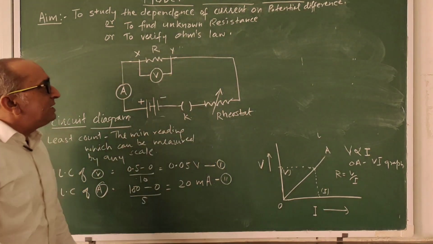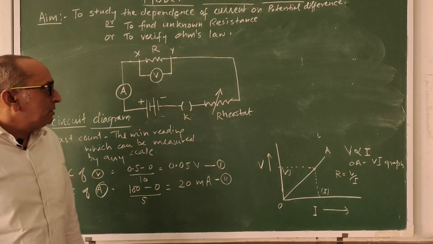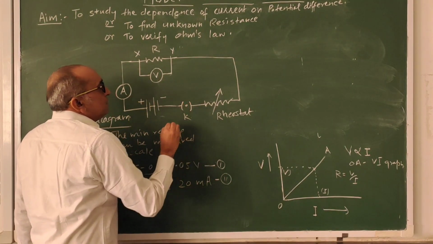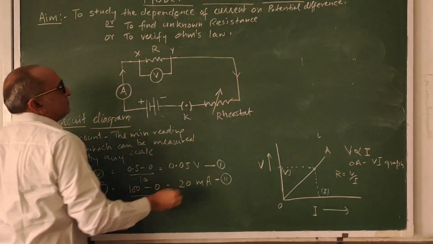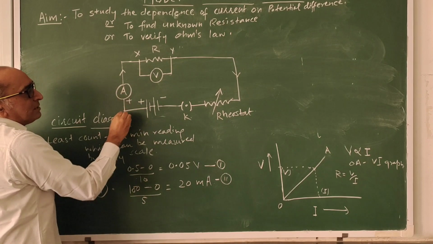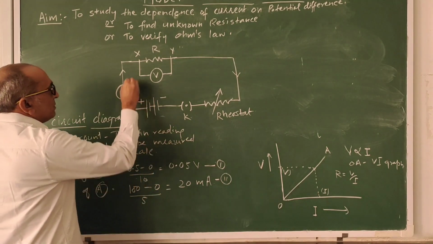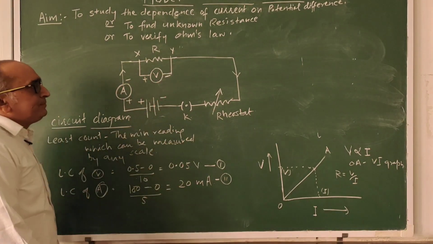And now our circuit is complete for verifying Ohm's law. You have to close this key so that current flows through the circuit. The positive of the ammeter is towards the positive of the battery, so these should be like this.